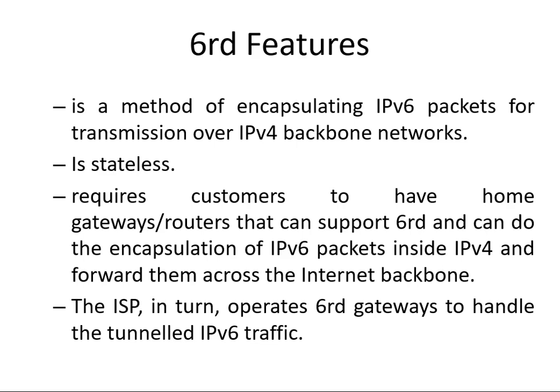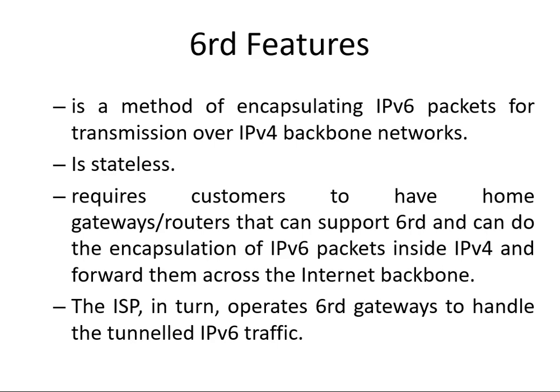For better availability and load balancing, we are able to add more than one border relay router, but all these should have the same IPv4 address, which is the Anycast address. So this requires two things.